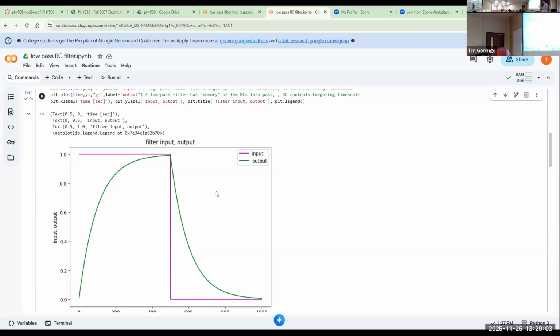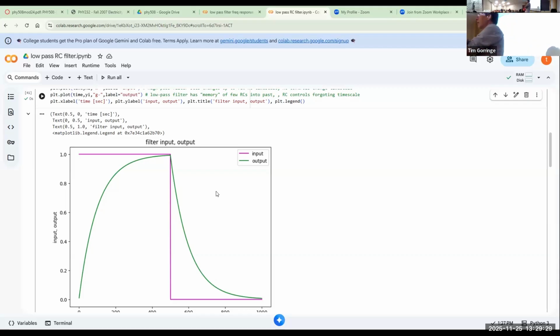So this is the step function approach to looking at the performance of the filter. You basically see directly the time constant, right? We change from 1 second to 10 seconds to 100 seconds. We literally see this then with that time constant.